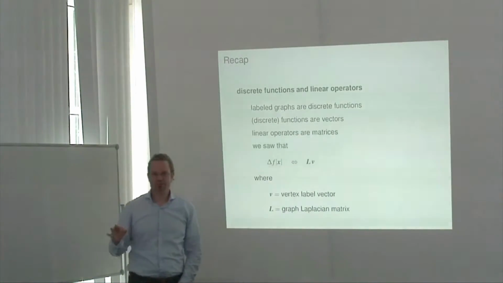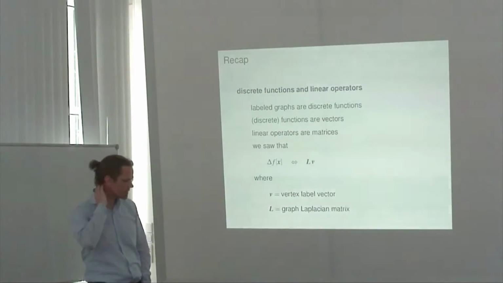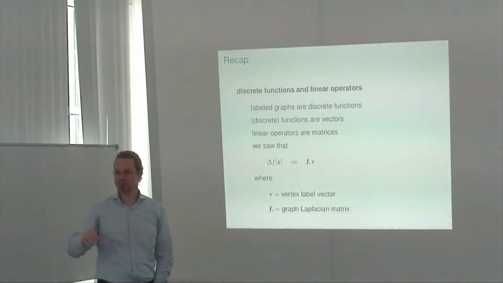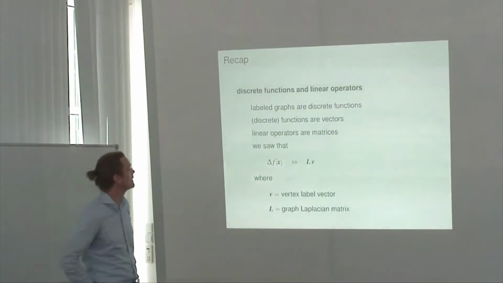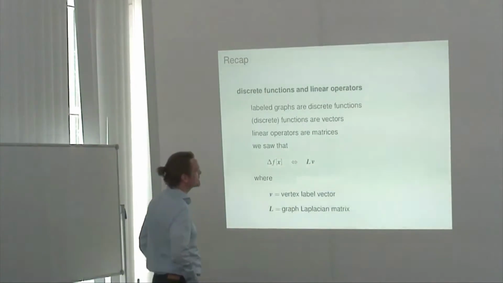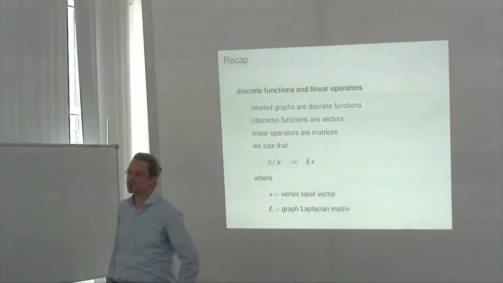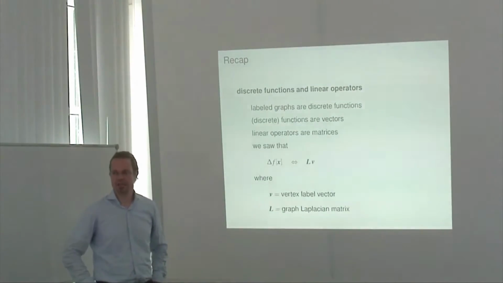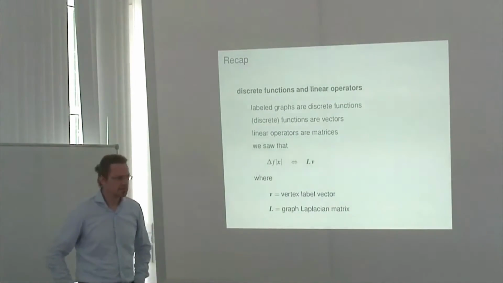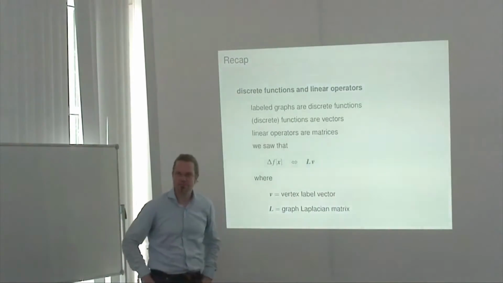Some of the outrageous things we discussed in the last lecture, again, they are basically outrageous to computer scientists, which is a shame, is that labeled graphs can be understood as discrete functions, that discrete functions are vectors, and that linear operators are matrices.